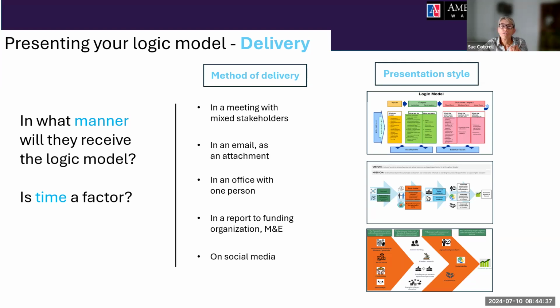In a report to funding organizations, if the funding organization doesn't want the details, provide them with the second, probably the third, any kind of report, any kind of static report. You're probably better off using this last one because it tells the story without you.